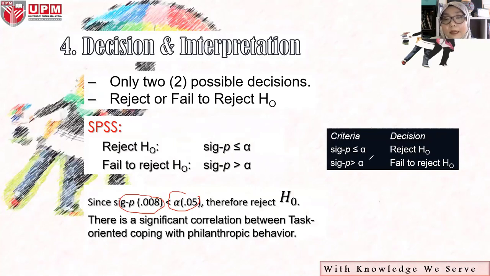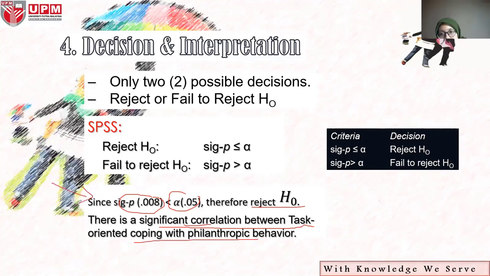If the significance value is larger than alpha, we fail to reject H0. Since the significance value 0.008 is lesser than alpha 0.05, we reject H0. The results indicated that there is a significant correlation between task-oriented coping and philanthropic behavior. So this is the conclusion for the result.